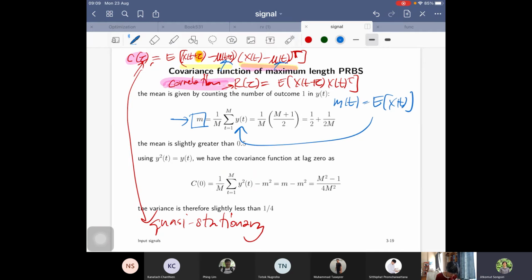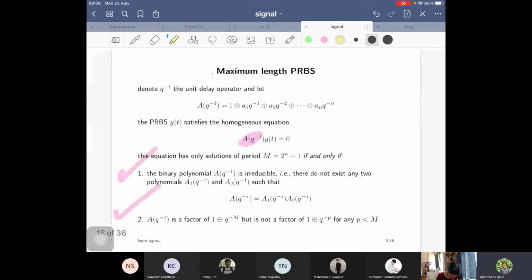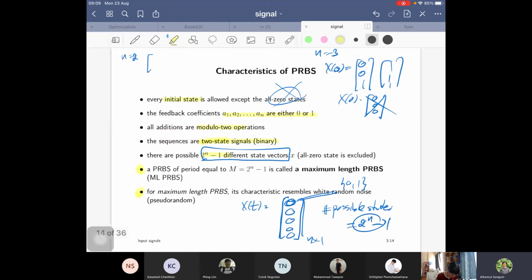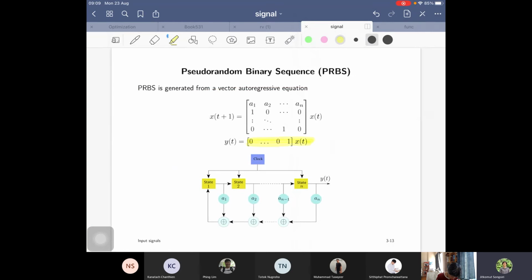Then of course y_t is your PRBS signal, right? Now, let me put a note here that this is a sequence of y_t. What is y_t? y_t is not the state of the PRBS, but the final output, which is given by the last state of the PRBS sequence.